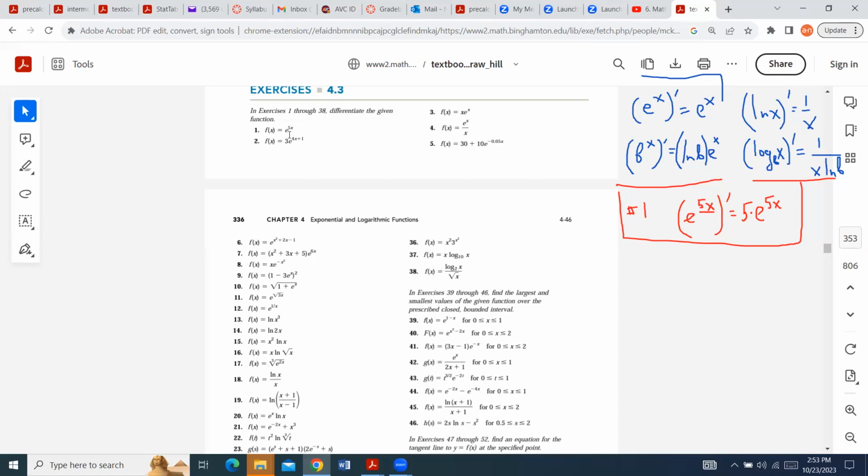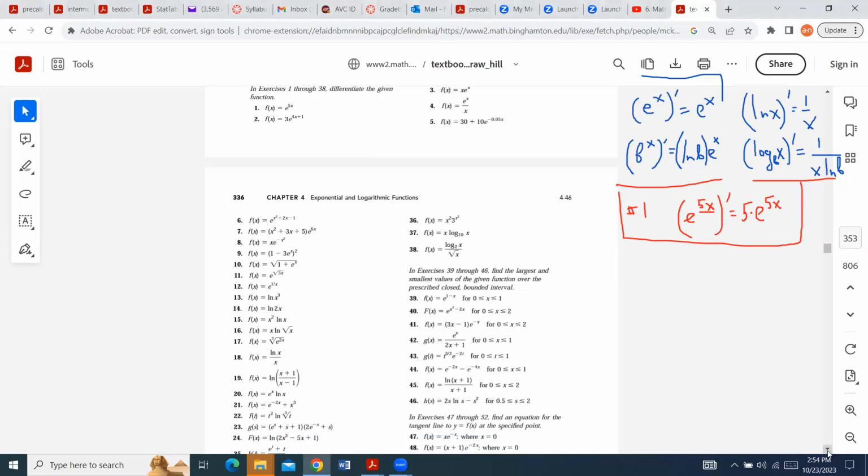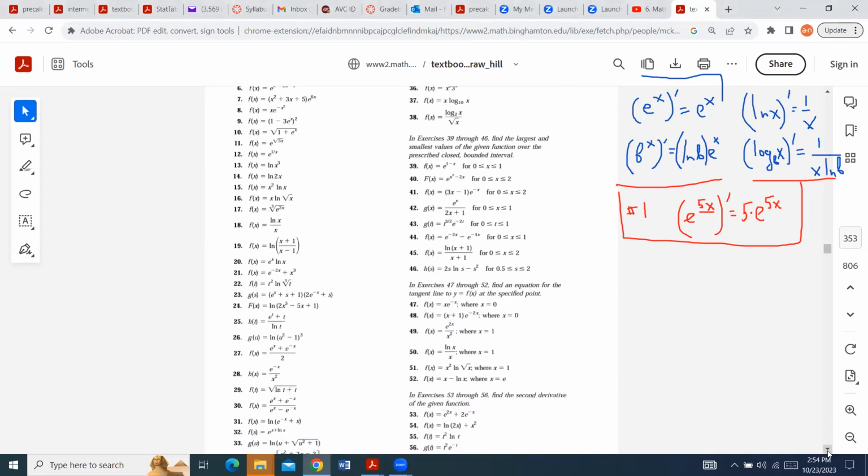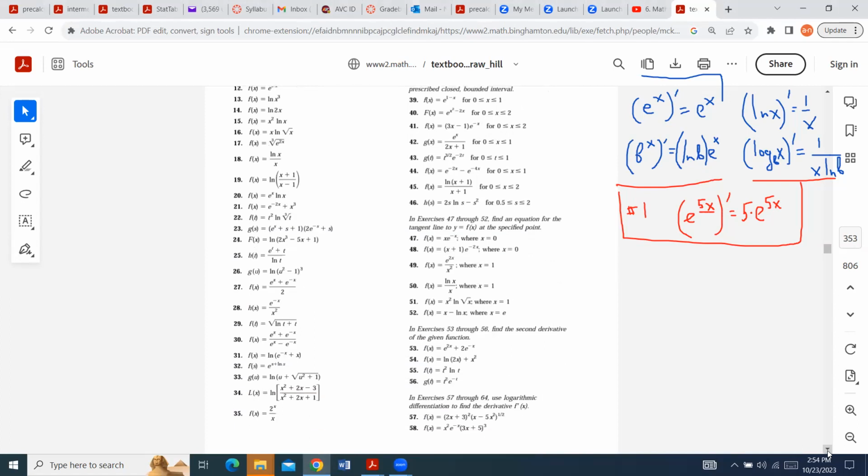So anyways, let's do a few problems with logarithms that have not base e, but other bases. So for example, let's go down a little bit and find something with a different base than e. Well, it looks like problem number 35 has 2 to the power of x. And that's going to be a quotient as well.